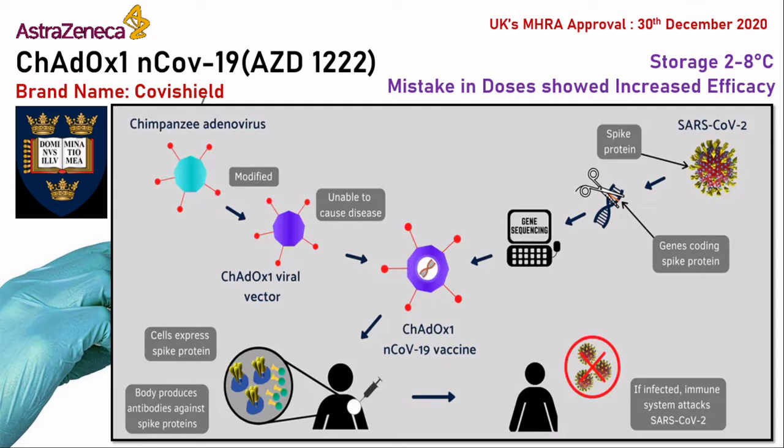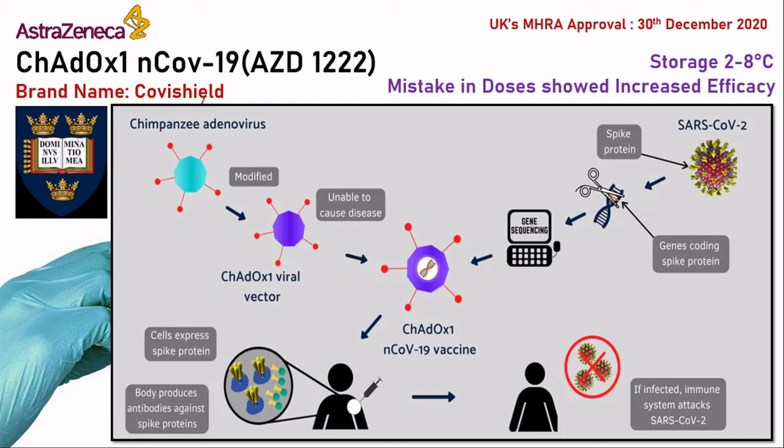Very interesting story behind the doses and efficacy of this particular vaccine, that generally all COVID vaccines have two doses to be given at maybe 28 or 21 or 14 days with a gap. Okay. So, what happened when the clinical trials were carried out with this vaccine?